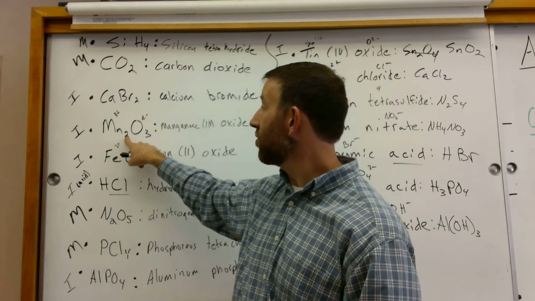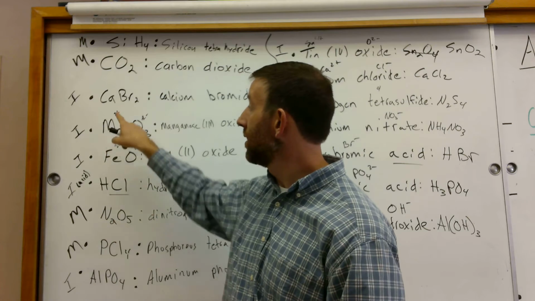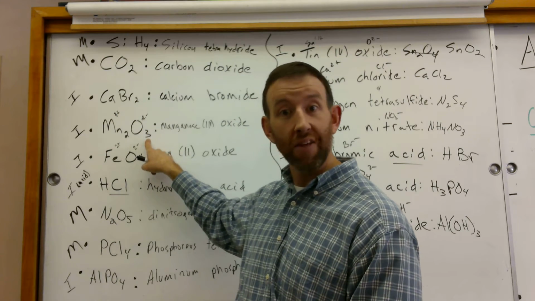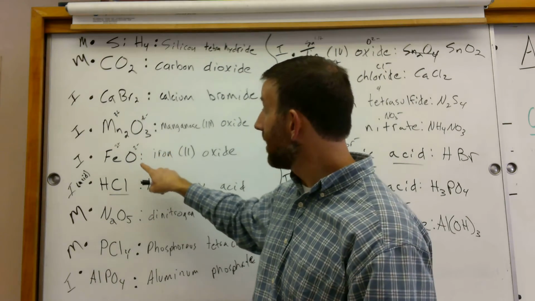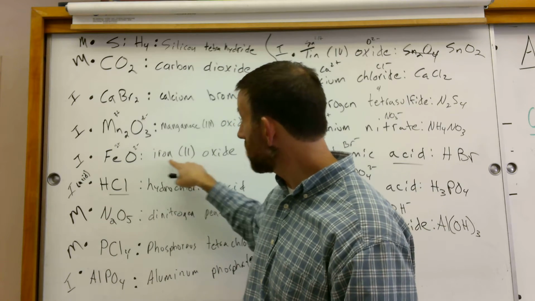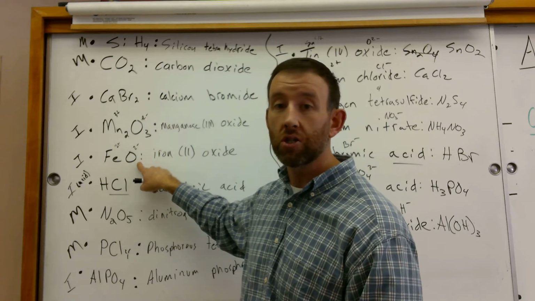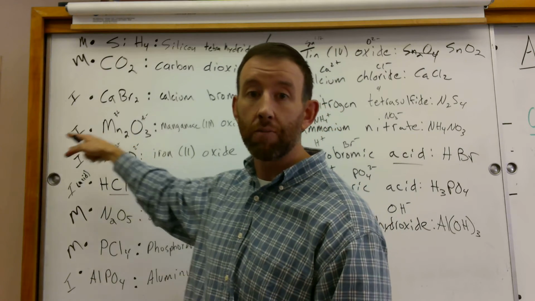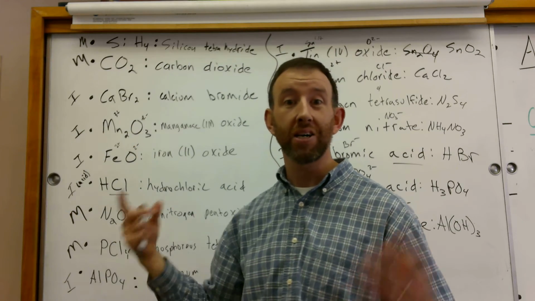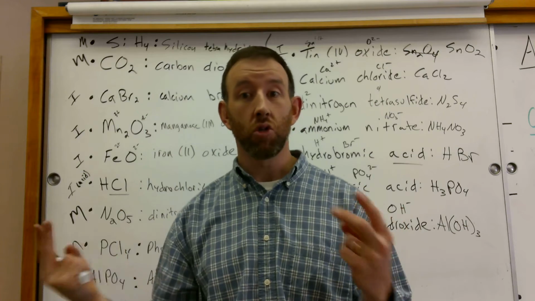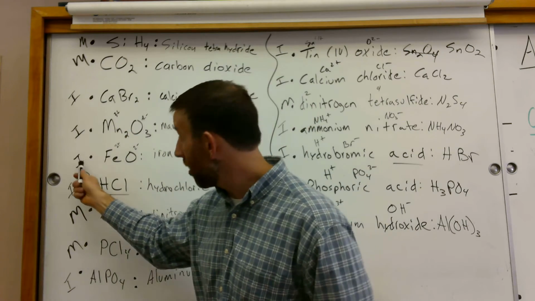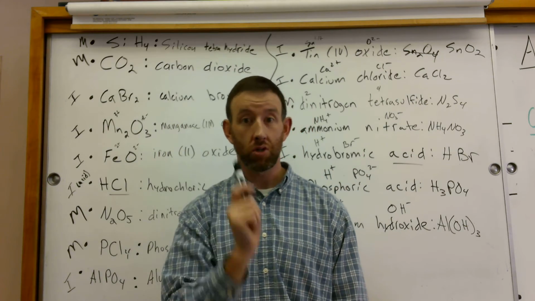So I then need to infer that manganese must be a +3 to indicate where that 3 came from in that formula. Here, iron 2 oxide, I know iron's a +2 because it's 1 of each, and I know oxygen's a -2, which means iron must be a +2 in that case. Because what has to happen? The 2 things with an ionic compound, they need to come out to neutral.